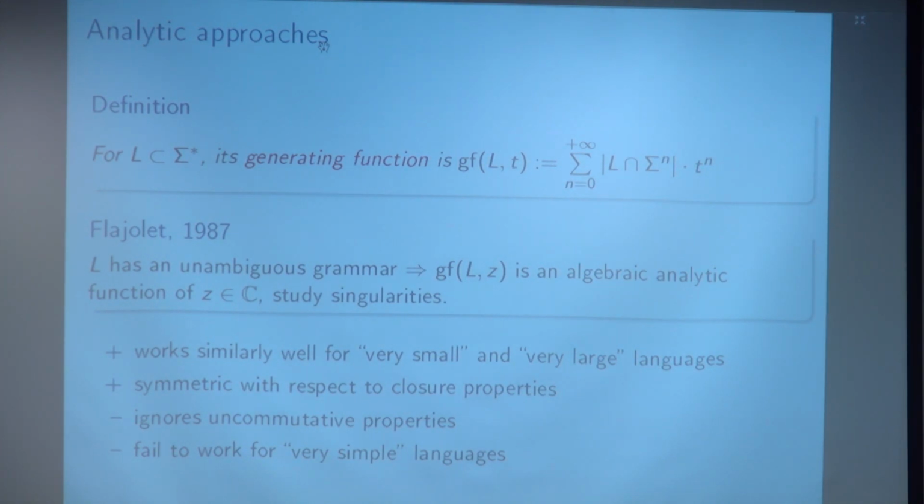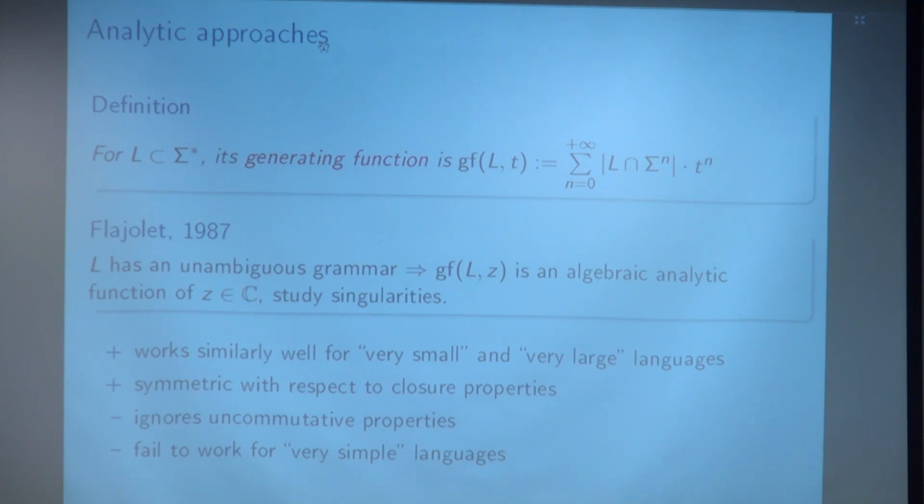So there are analytic approaches. For some language, its generating function is just the generating function of the number of words of length n in this language. And there is a method by Flajolet that says that we can prove inherent ambiguity by studying analytic properties of the generating function, studying its behavior near singularities. And this method works very well for small languages.